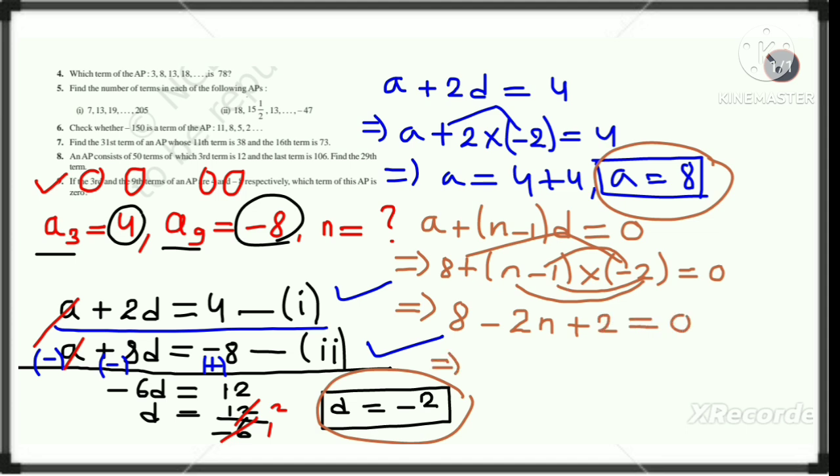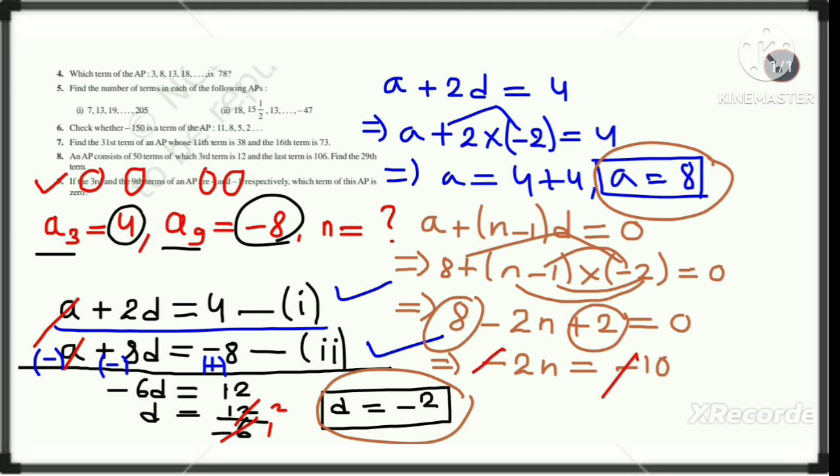Now minus 2n equal to, okay, here this plus 8 and plus 2, after adding we obtain plus 10, and this plus 10 goes to RHS and becomes minus 10. Now this minus sign and this minus sign can be cancelled out.